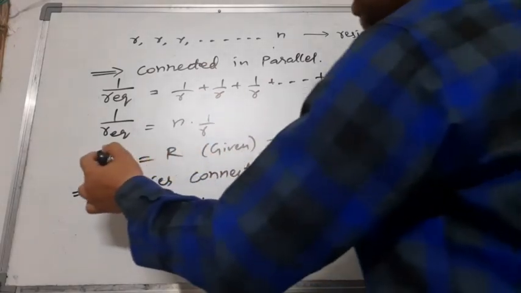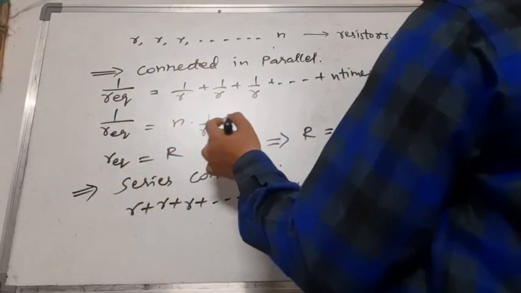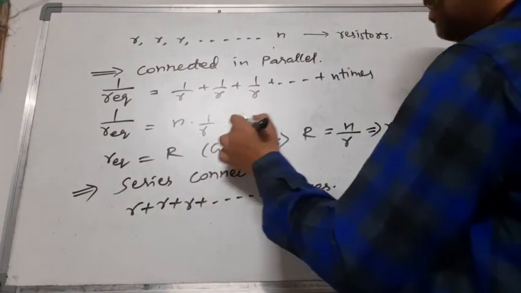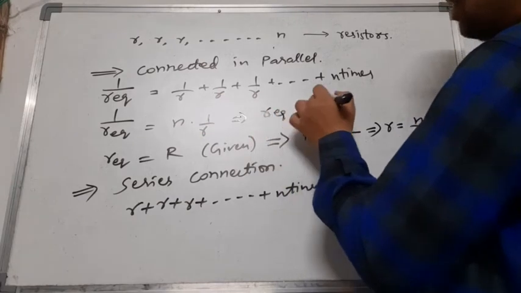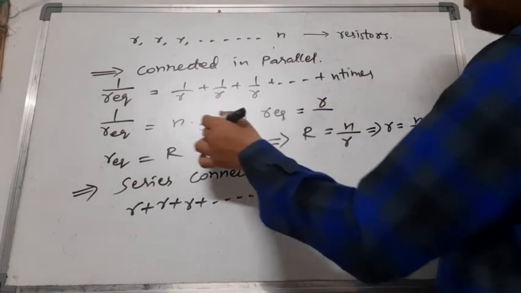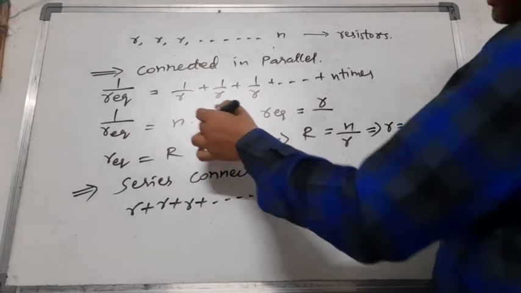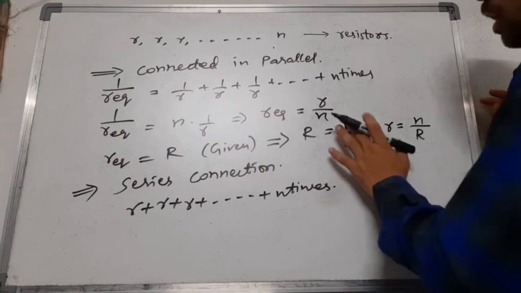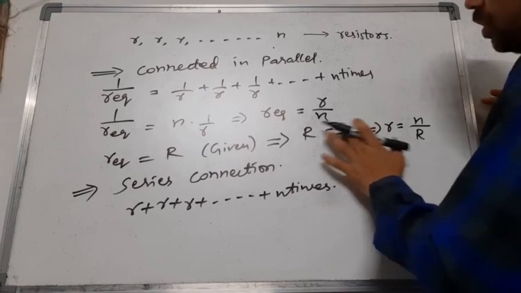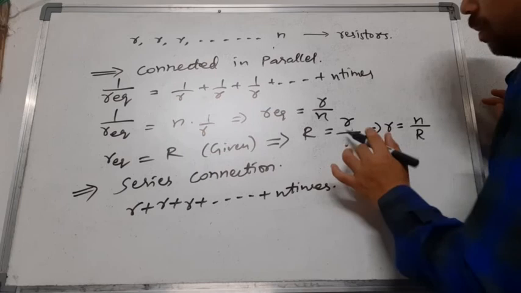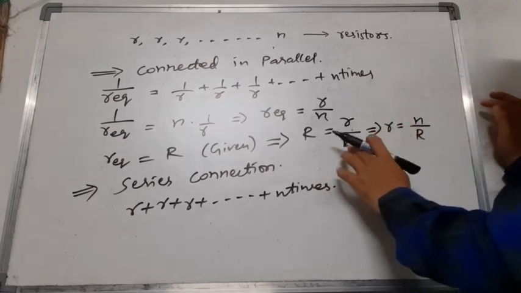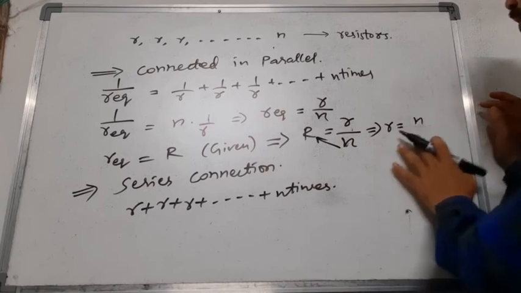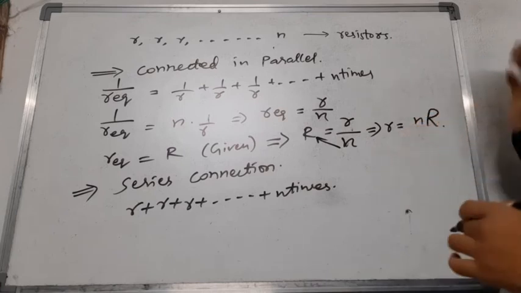So here we are taking the reciprocal, which implies R equivalent is equal to R by N. So it will become R by N. If I want the R value, you cross multiply, you will get N into R.